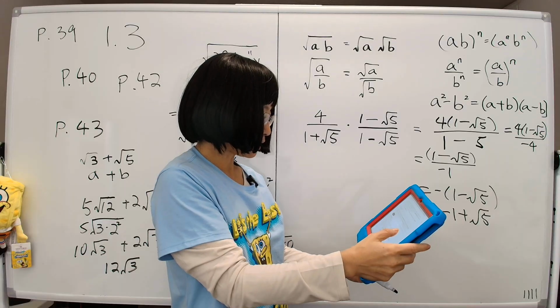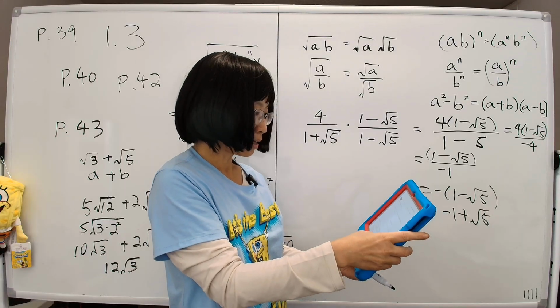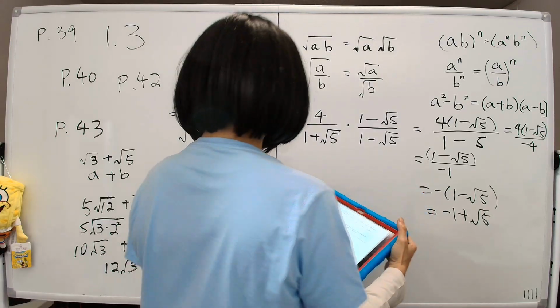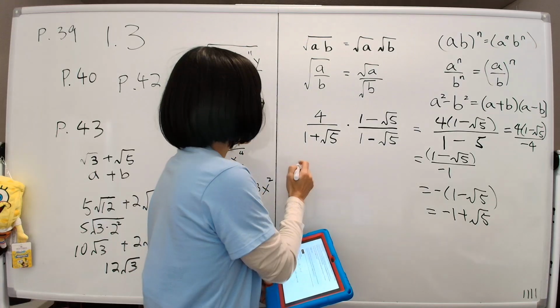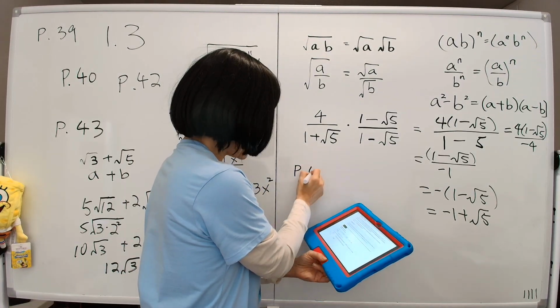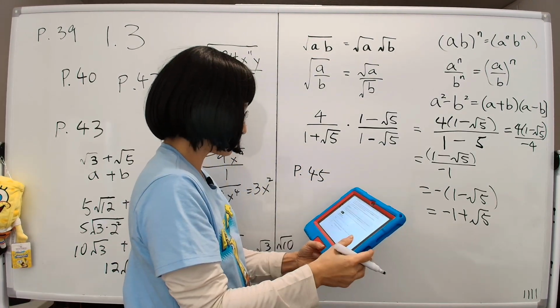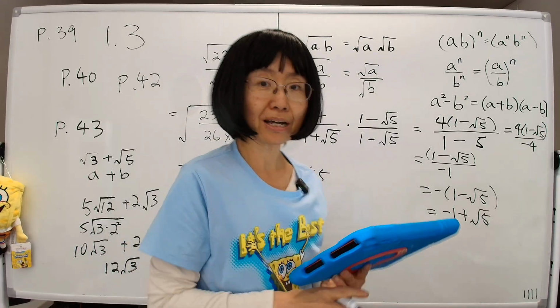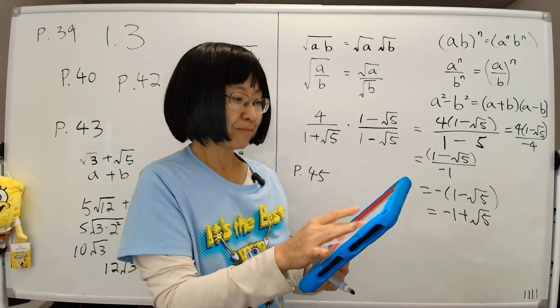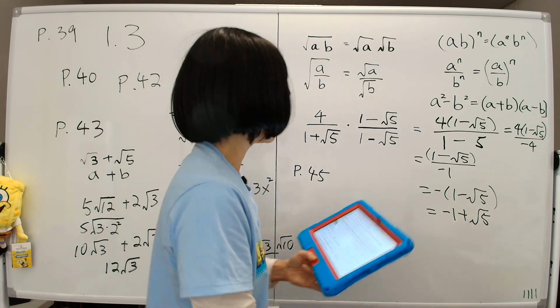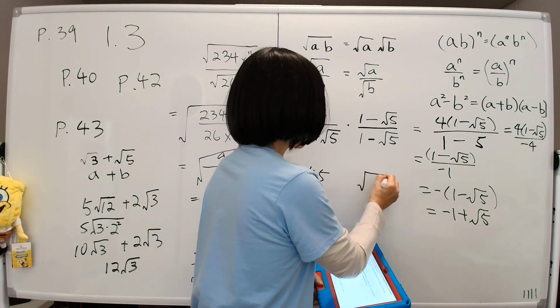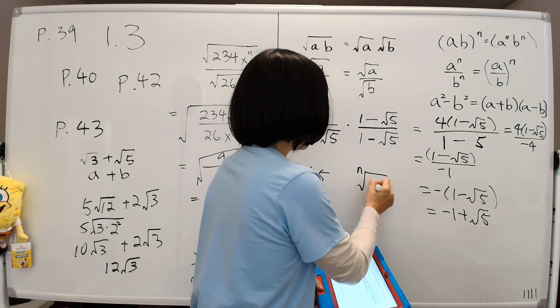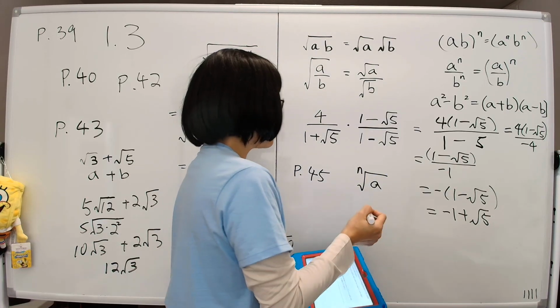And then the next thing, let's look at the bottom. We are now at page 45. Okay, so at the bottom of page 45, we have something called the principal nth root. I normally just call it the nth root. What that means is that we have the nth root of some number a. Now what does that mean?